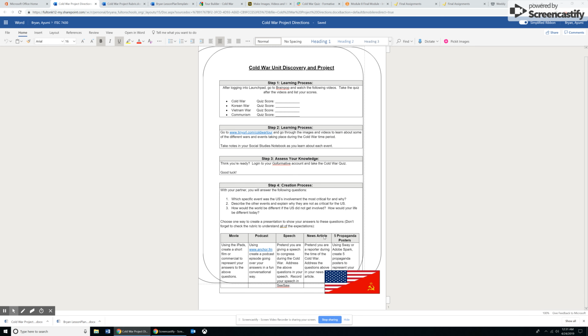They could create a news article as if it were a newspaper, or they can create 5 different propaganda posters. They can use Sway, or they can use the Adobe Spark, since it was introduced during the directions. And the posters are really there just to represent their answers in ways to try to convince the readers to align with their beliefs.